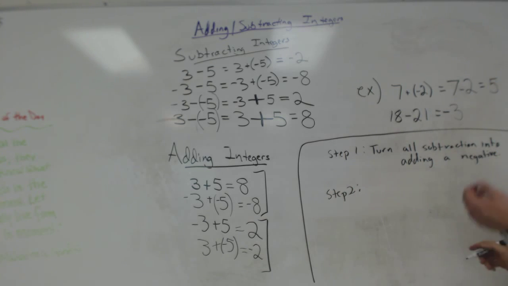Let's just do an example of step 1. If I have 5 minus 7, that's the same thing as 5 plus negative 7. Okay? Step 1.